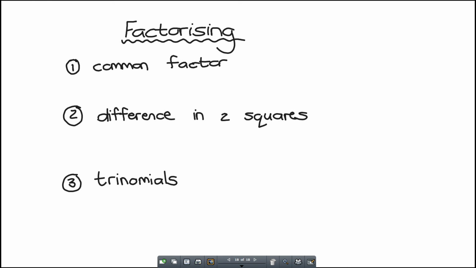Now, common factor means they must have the same factor. And it must be for every term. So you can maybe write that there. It must be the same for every term.